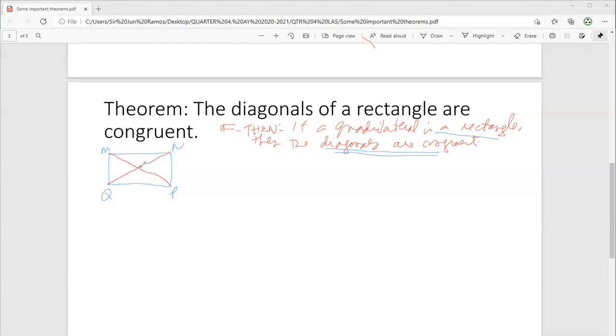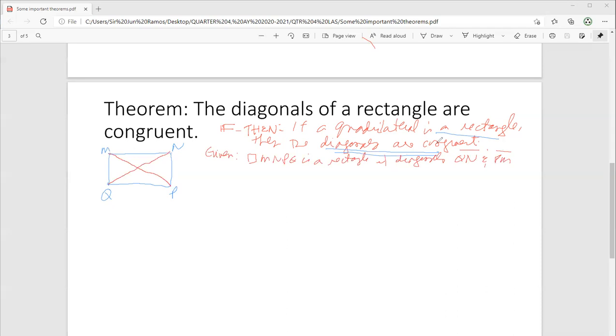Okay, so you're given here: quadrilateral MNPQ is a rectangle with diagonals, segment QN and segment PM.